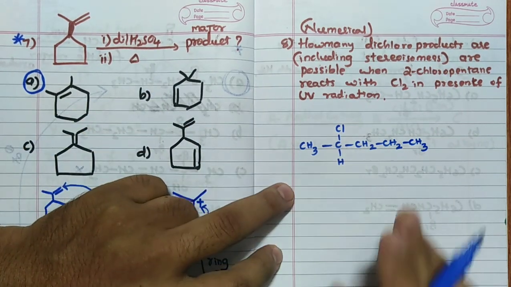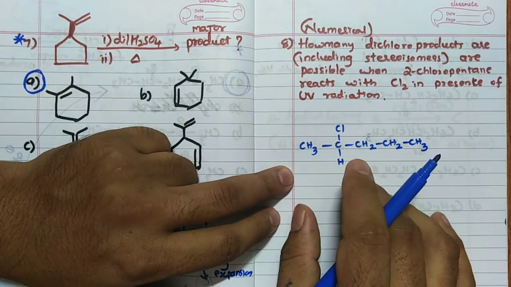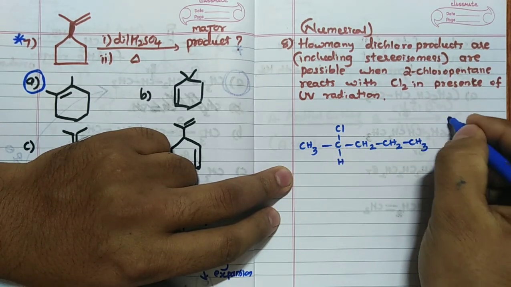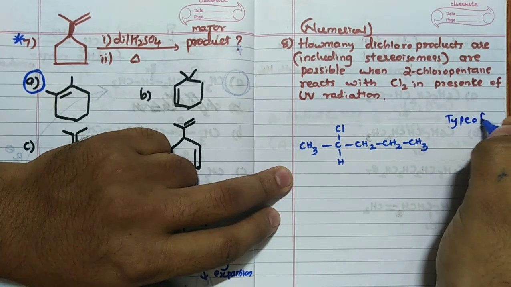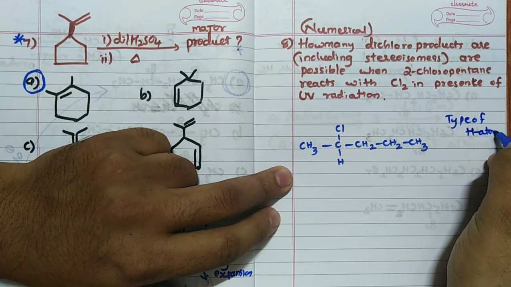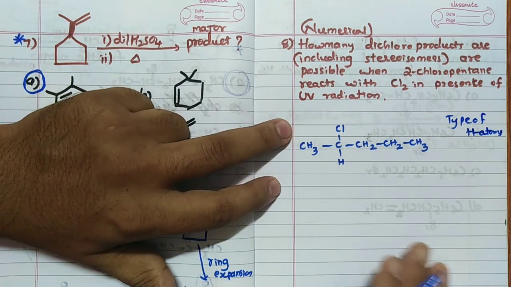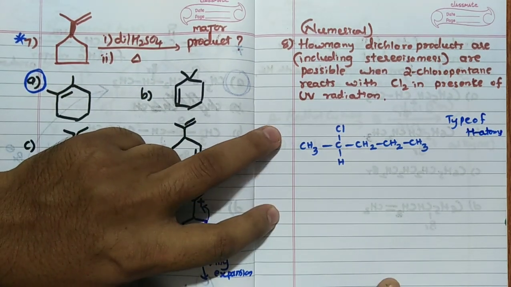Remember, the product depends on the type of hydrogen atom. Always remember chlorination product depends on the type of hydrogen atoms. First we will see the product, then we will see that. See how many types of hydrogen atoms are there, I will tell you.